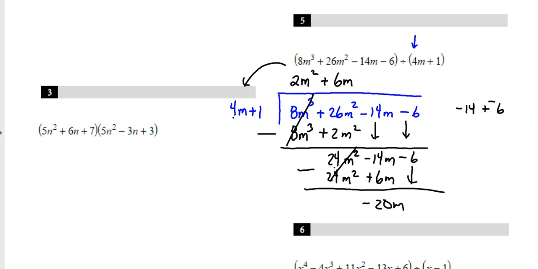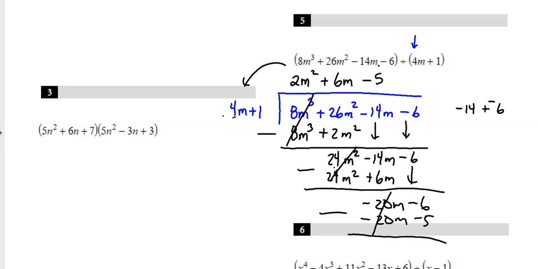And I need to slide that negative 6 down. And 4 goes into negative 20 negative 5 times. Multiply the top times over here. And I get negative 20m minus 5. Again, subtract. These cancel.